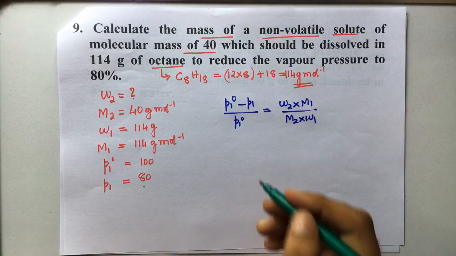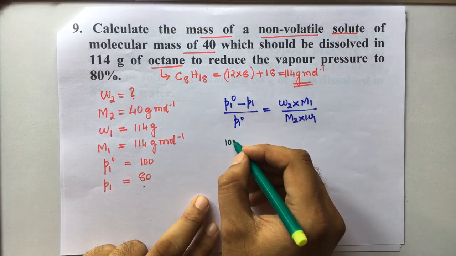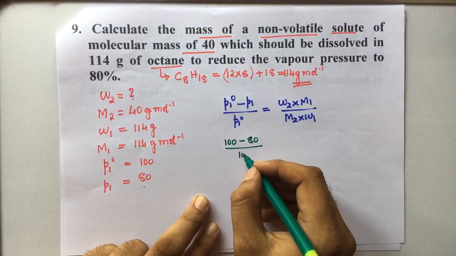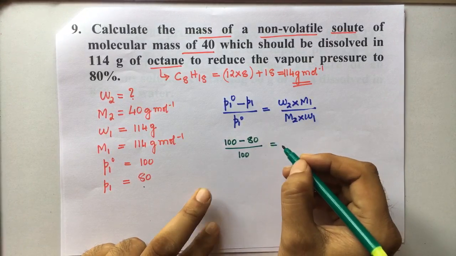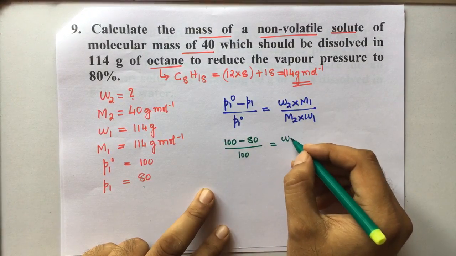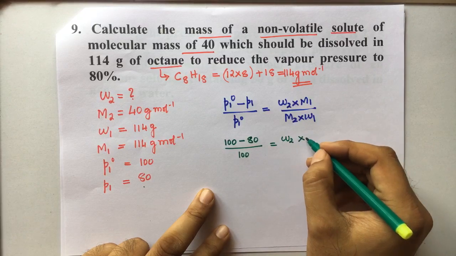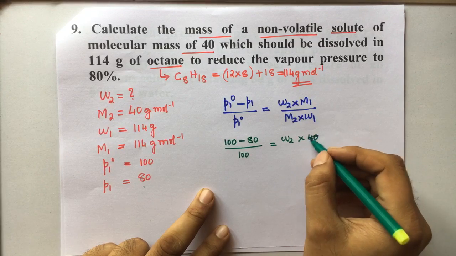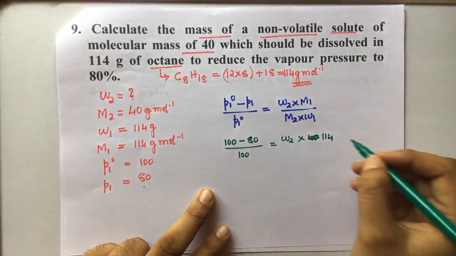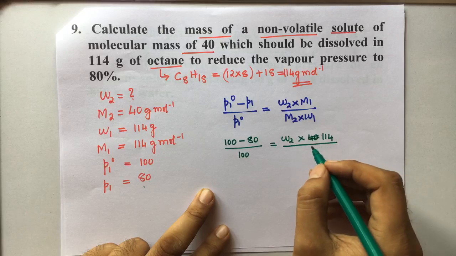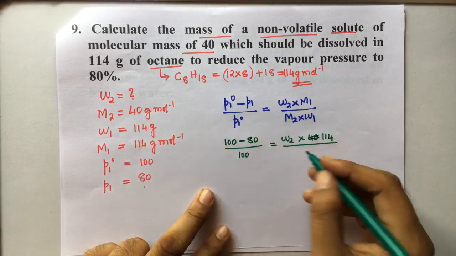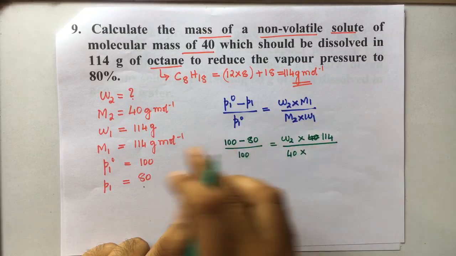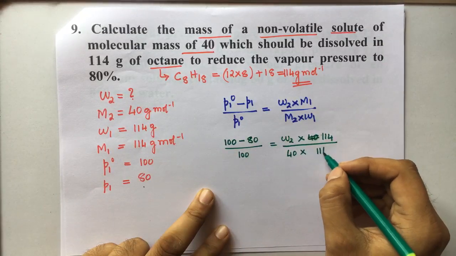Substitute all the values, students. If you substitute the values, it is 100 minus 80 divided by 100. This is equal to W2, which has to be determined, multiplied by M1. M1, sorry, it is not 40, it is 114, divided by M2, which is known, it is 40, multiplied by W1, which is known, that is 114.